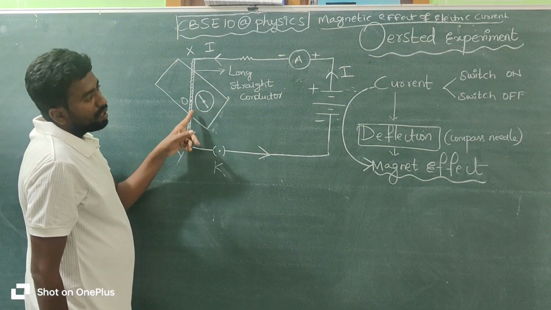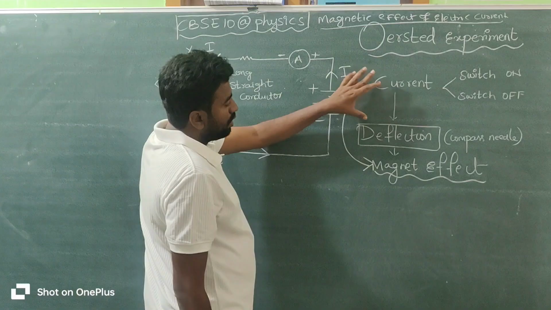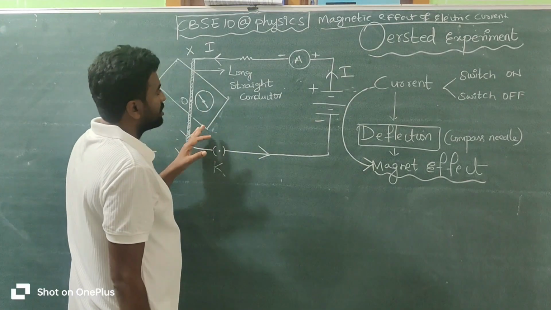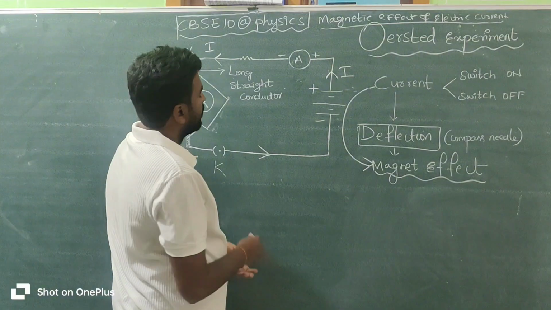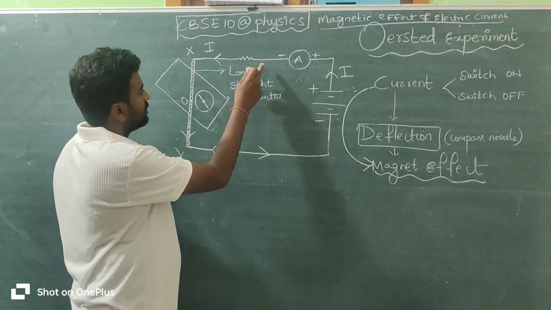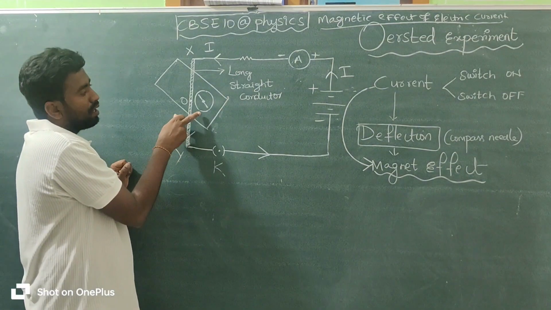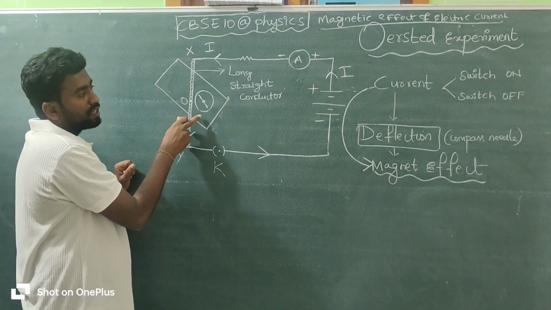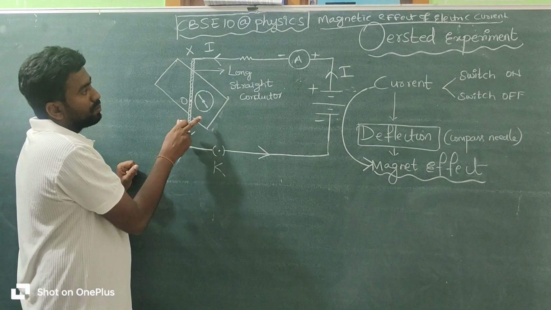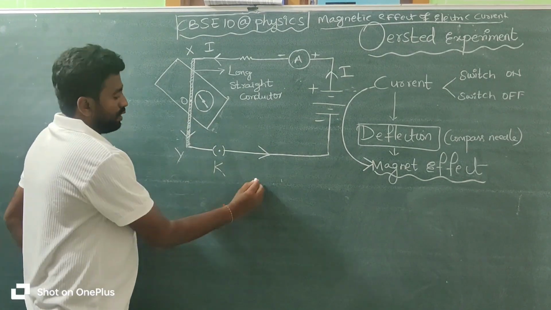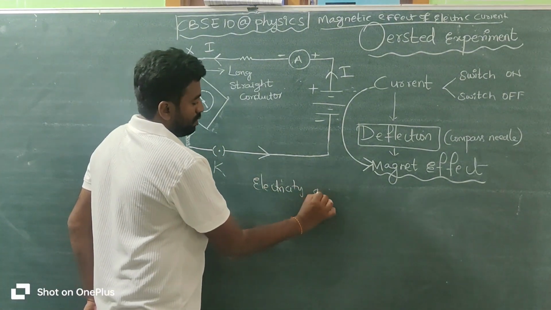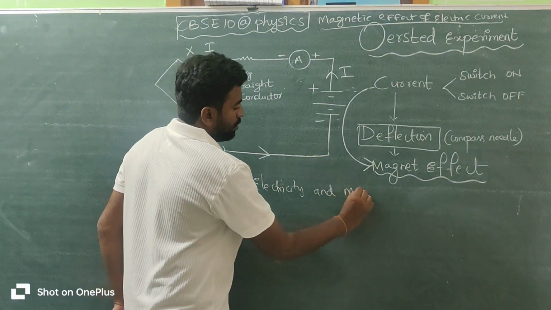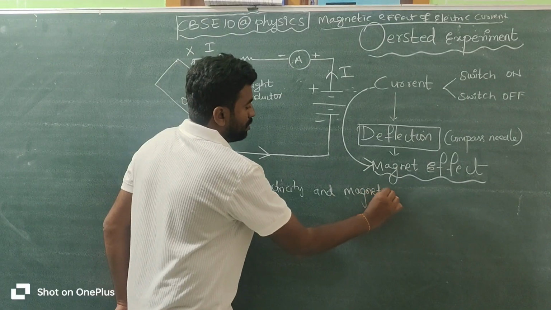Based on this observation, there is a relation between electricity and magnetism, and current also has a magnetic effect. This concept is the foundation for electromagnetism.